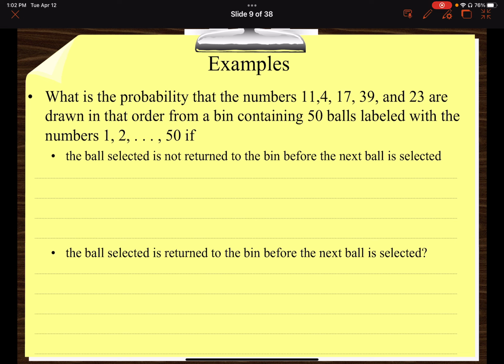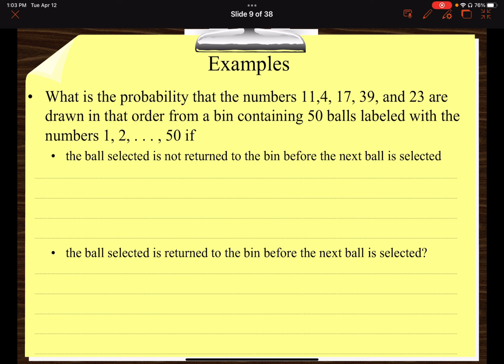We will not return it back to the bin. The ball selected is not returned to the bin before the next ball is selected. The second approach is that we are going to pick a ball, look at the number, and then we will return it back to the bin.